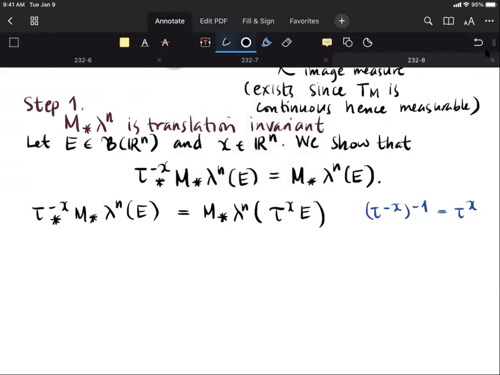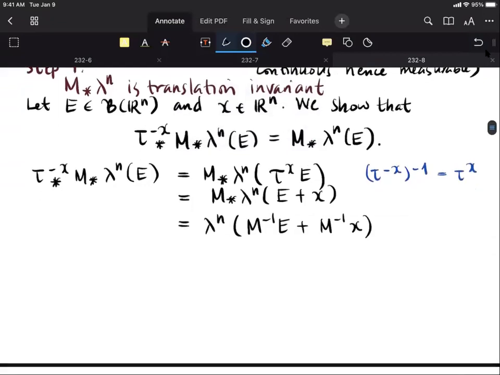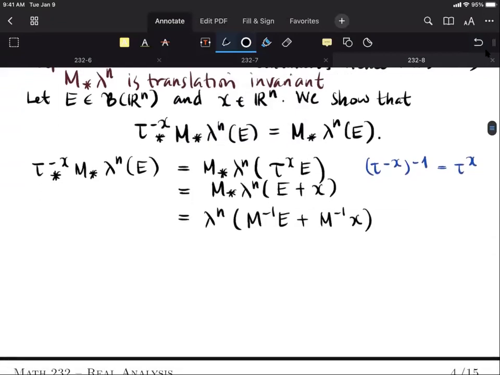Okay, so well, we can write this as M star lambda n of E plus x, and applying the definition again, we have here M inverse of E plus M inverse of x. So here we applied the definition of the inverse or the image measure.